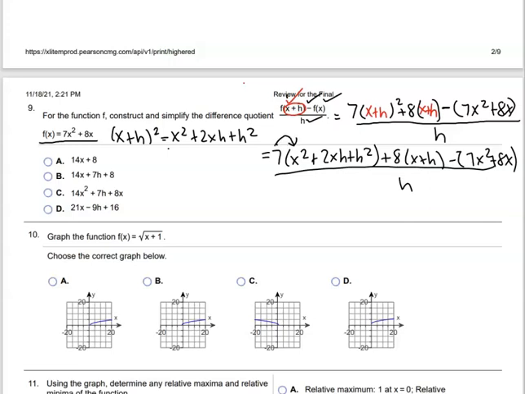Then you want to take this and multiply this times each term. You want to use the distributive property all the way through. Just even the negative needs to get distributed.